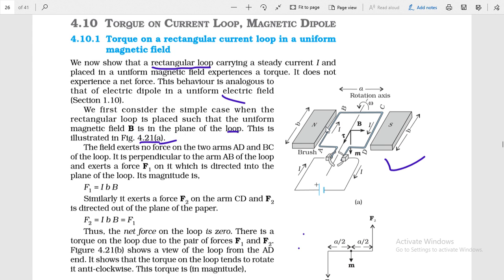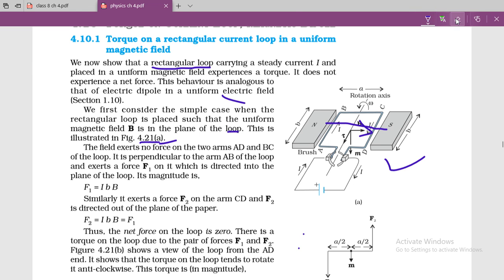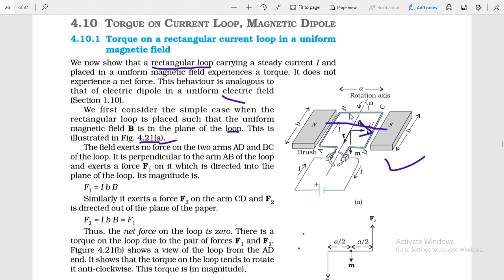This arrow represents the direction of the magnetic field, and the plane of the loop is in the same direction as the magnetic field. You can see this in the figure.